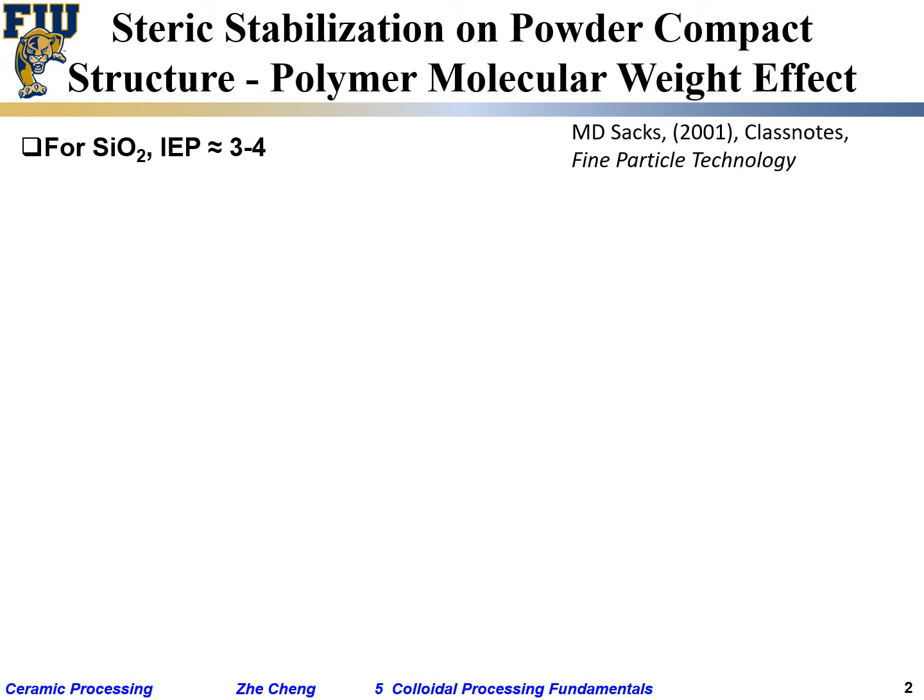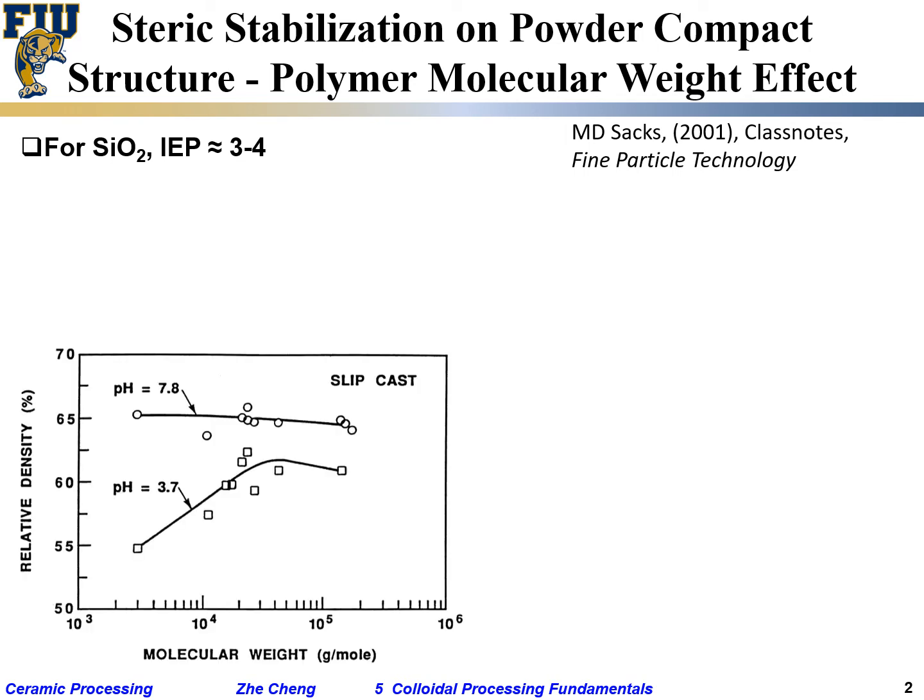Okay, so let's continue. And then about polymer molecular weight. Molecular weight would also impact the relative density. Here we are plotting relative density versus molecular weight for both pH 3.7 and 7.8.